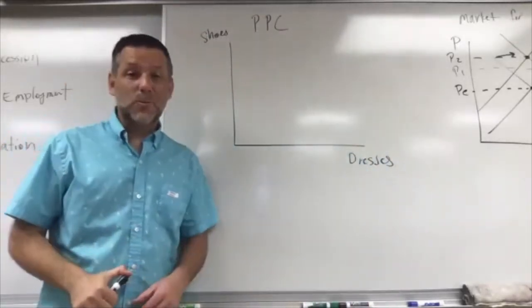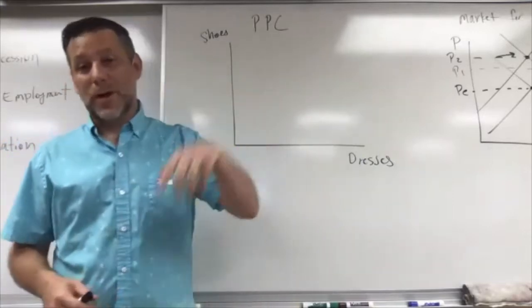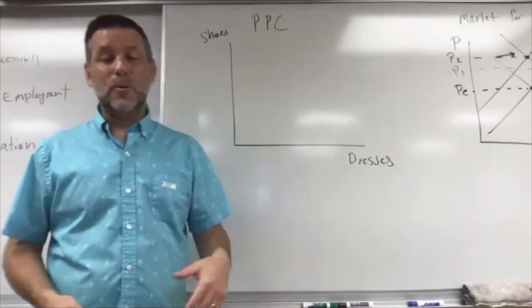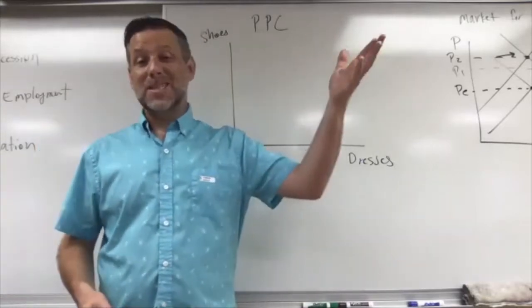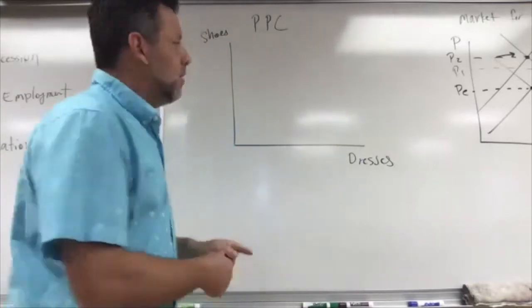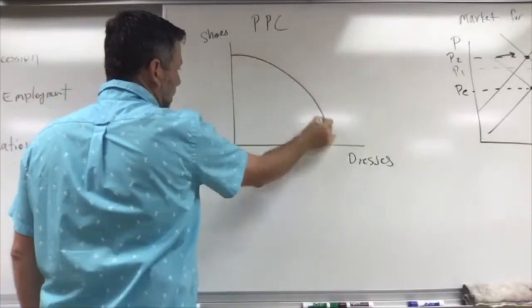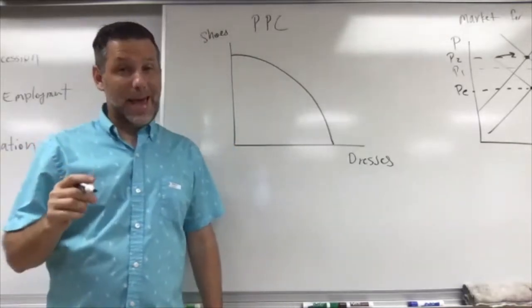And as we use our resources, we can take those resources and produce dresses, or we could produce shoes, or we can choose to produce a combination of them. Maybe we want mostly shoes and a few dresses. Maybe we want mostly dresses and just a few shoes. This line represents the different choices that we have.